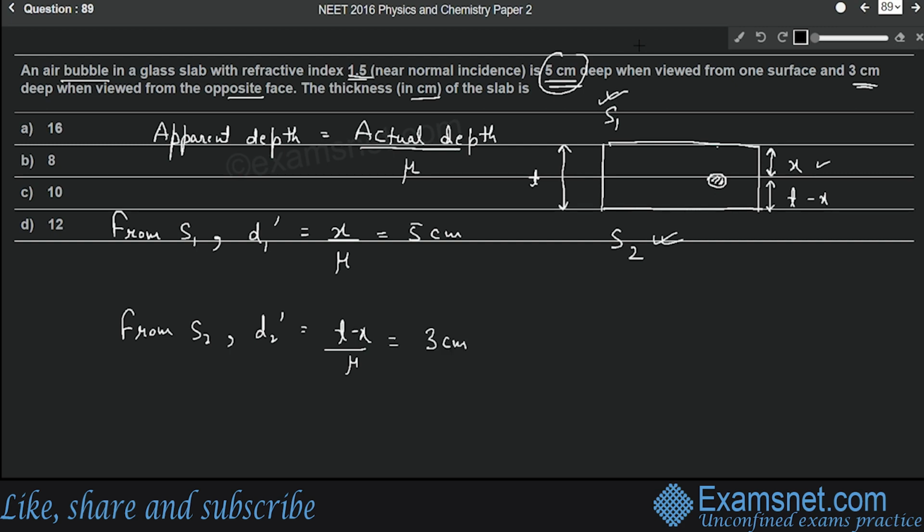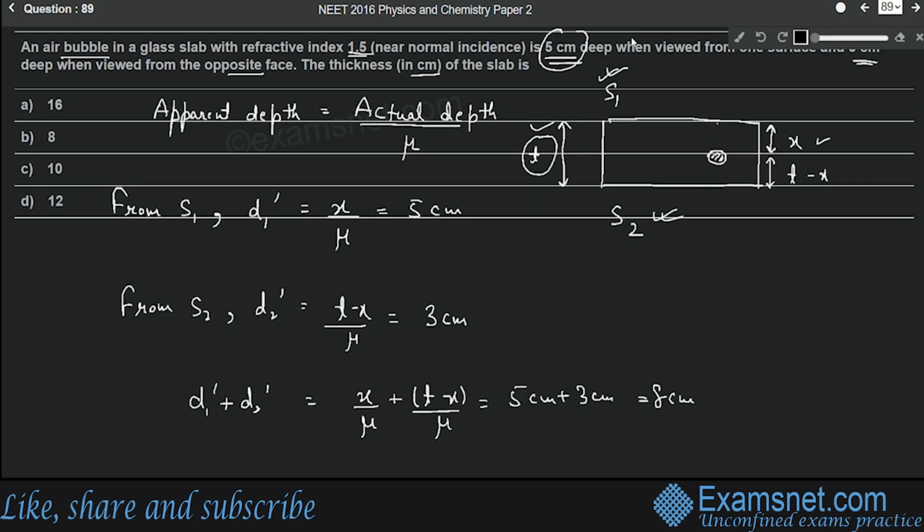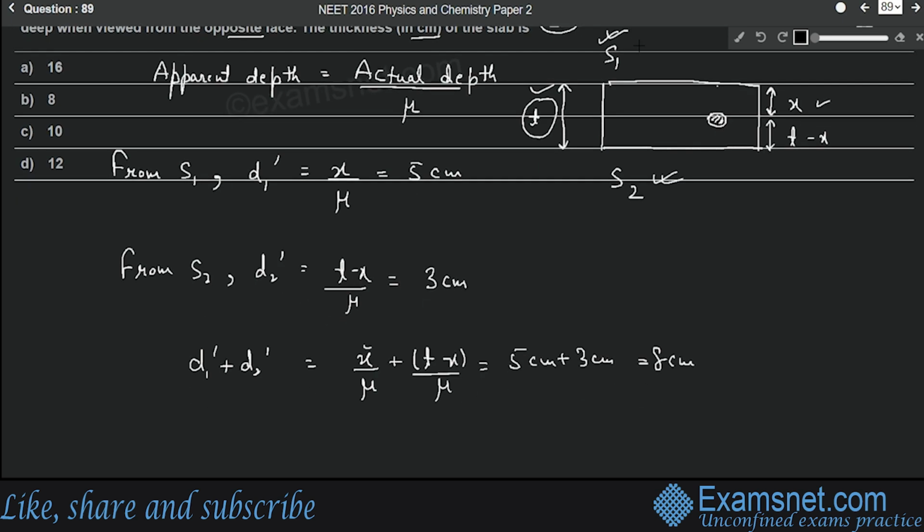Now we have to find the total thickness of the slab t, okay. So if we add them up, d1 dash plus d2 dash will be equal to x by mu plus t minus x by mu, that will be equal to 5 centimeter plus 3 centimeter, okay, that is 8 centimeter. So plus x minus x will be cancelled, so t by mu will be equal to 8 centimeter.